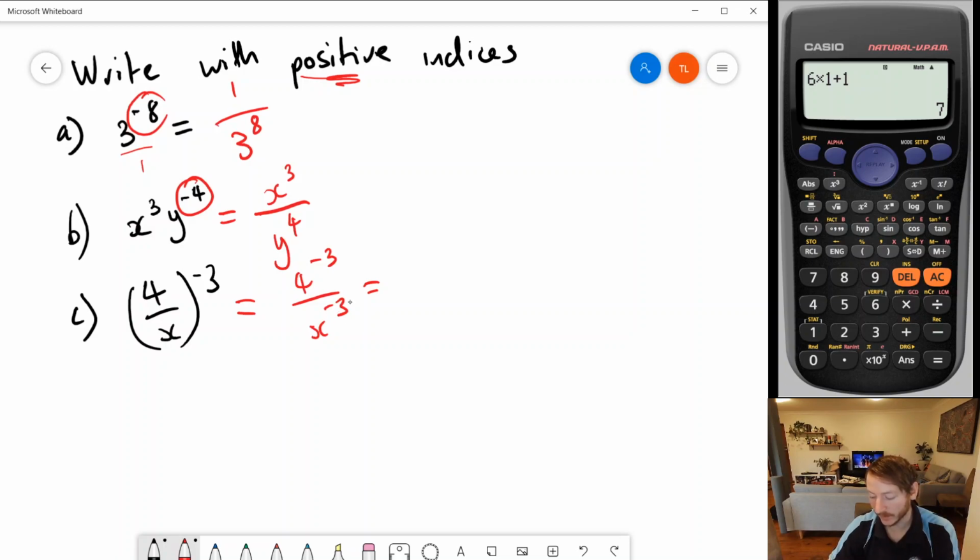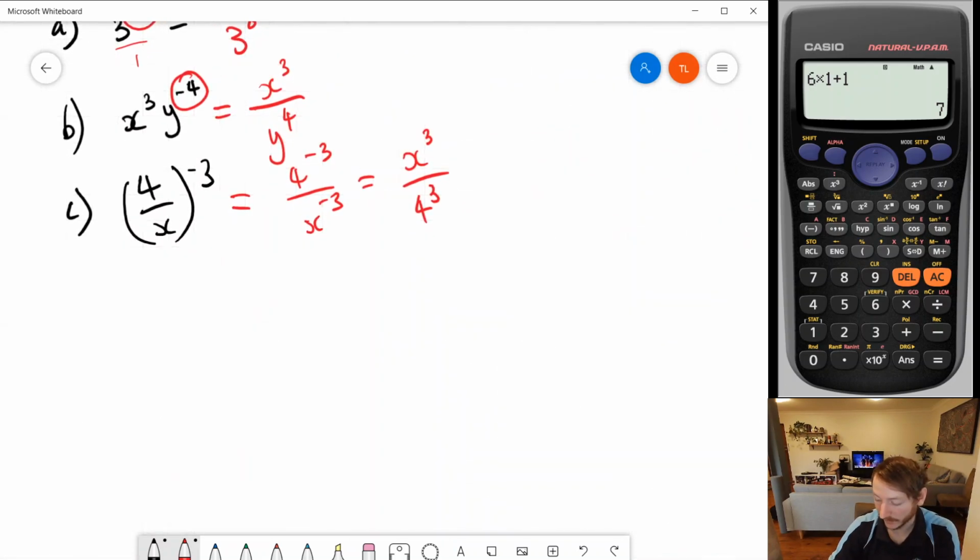So to make this a positive 3, it needs to flip. Currently it's on the denominator, it goes to the numerator. This one's on the numerator, it goes to the denominator. And there you have it. It is now in positive. I could even then be super fancy and take the power of 3 out of the brackets again, the cubed out of the brackets again. But both of those are fine. Both of those are correct.